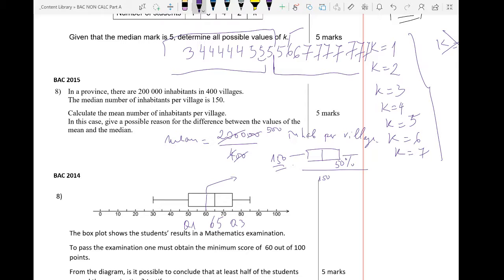So we imagine that we have 200 villages here, 200 villages here, and 200 villages here, and 150 is the median. So this means that in 50% of the villages, we have less than 150 inhabitants. So this makes the big difference between mean and median.